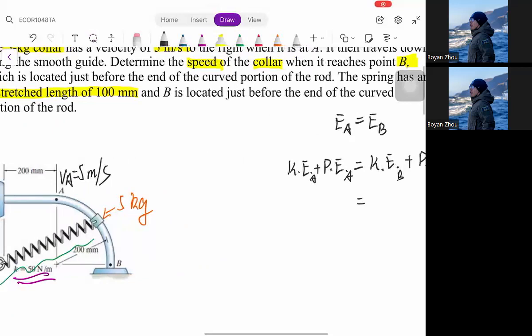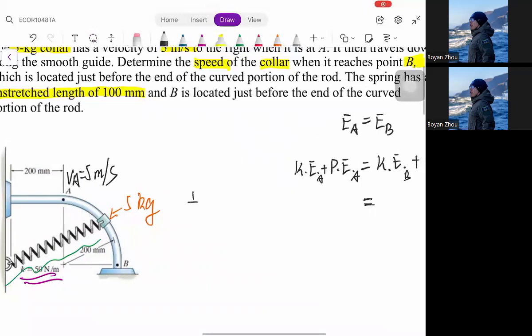On the left-hand side of the equation, the only thing that is moving is the collar, so the kinetic energy is half m VA squared, and the mass is the mass of the collar. Plus the potential energy. So when the collar is at this location, there is a potential energy from the height, so it's mgh, plus the potential energy from the spring.